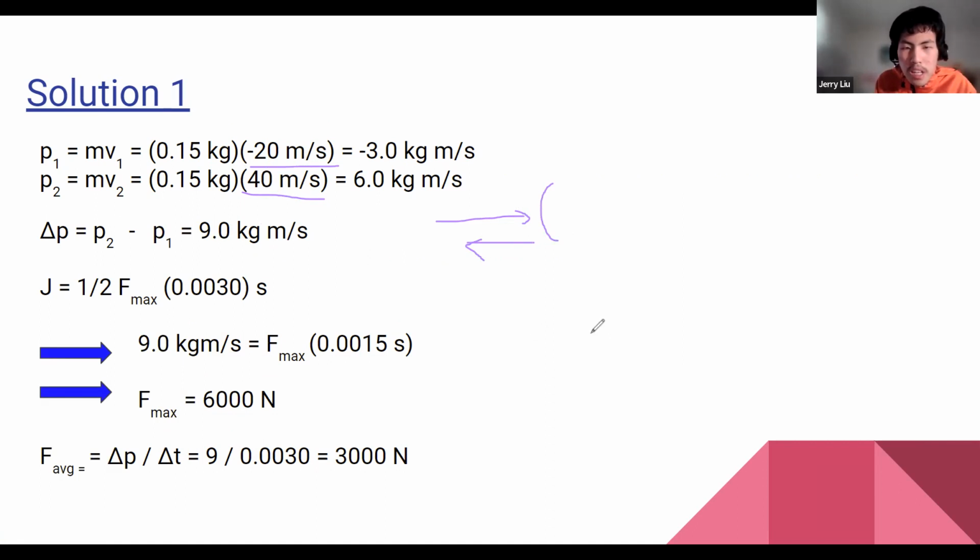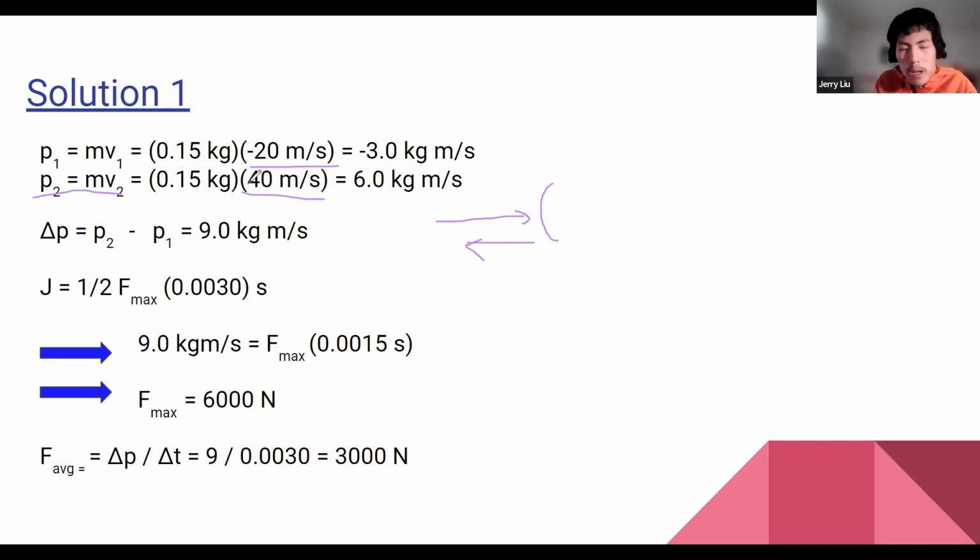So remember when I said that momentum has different directions? Here you must account for that by saying that these two momentums, the momentum before and after the collision, must have different signs.